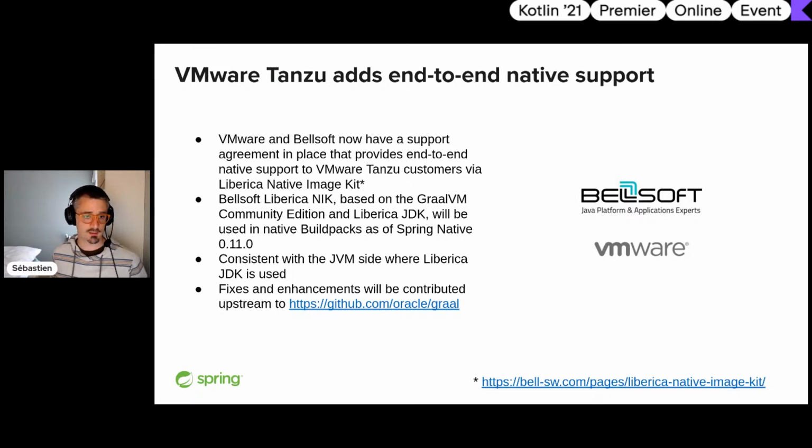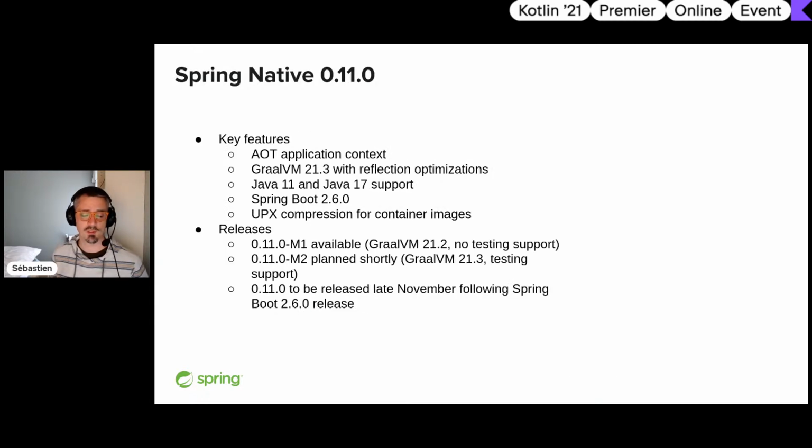That means that Bellsoft is providing some support in collaboration via VMware Tanzu for the JVM side. We are leveraging Bellsoft Liberica NIK, which is a distribution of GraalVM Community Edition, to provide native support end-to-end. So I think that's pretty important for some companies.